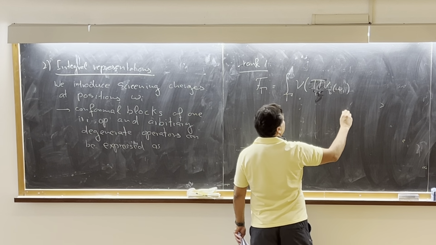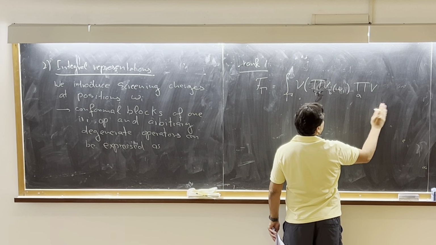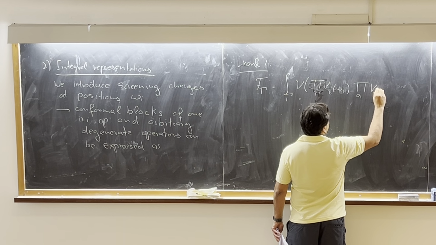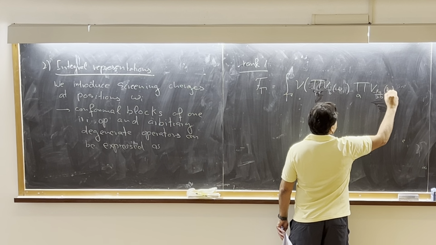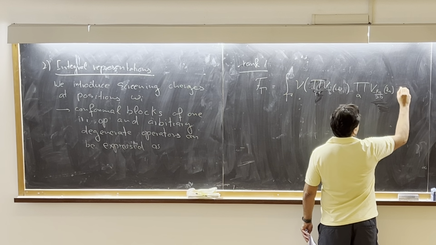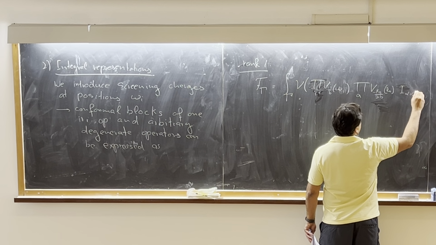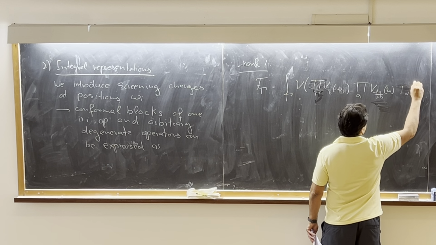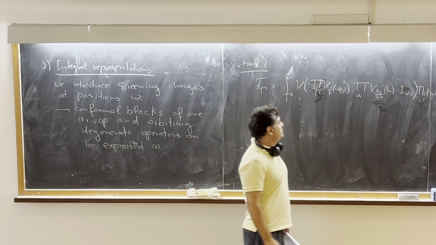So you have a product over screening charges at positions W_i, and then you have products over some degenerate fields, minus k_a over 2b at z_a, and you have some irregular operator labeled by alpha and C, and you have to integrate in these W planes.